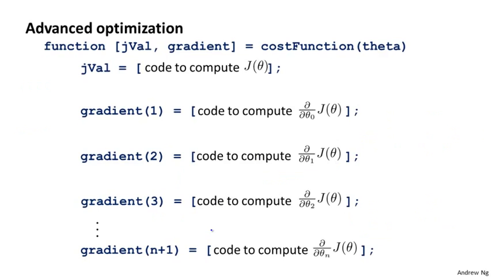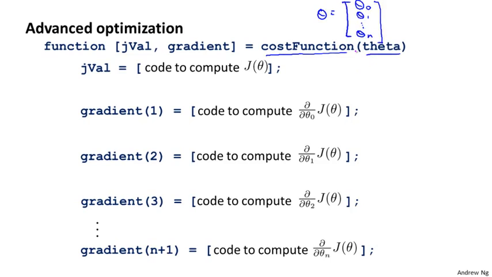Let's talk about how to get regularized linear regression to work using the more advanced optimization methods. Just to remind you, for those methods, what we needed to do was to define a function called the cost function that takes as input a parameter vector theta. In the equations we've been writing, we use zero-indexed vectors, so we had theta 0 up to theta n.